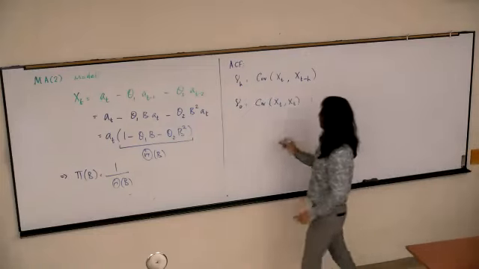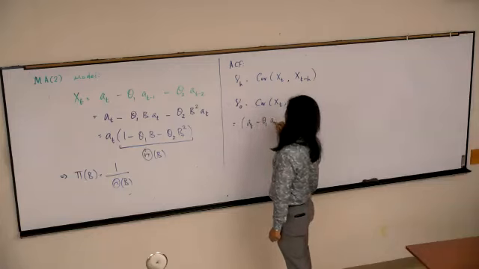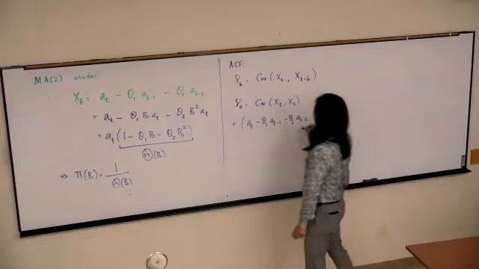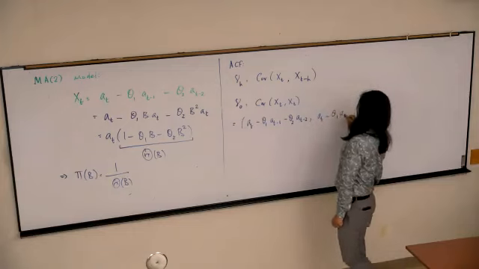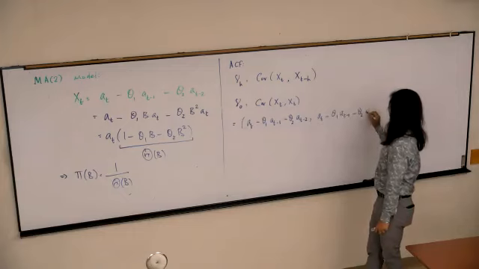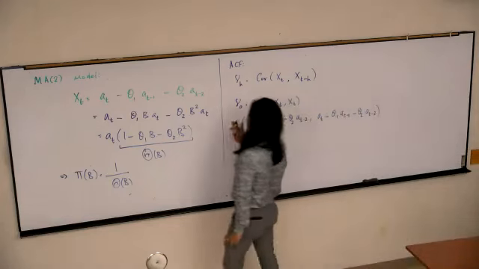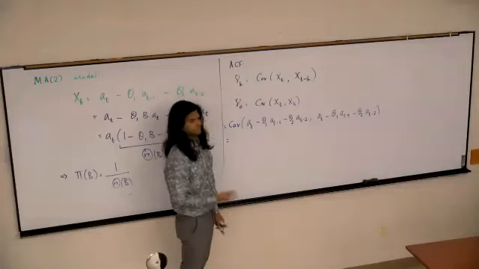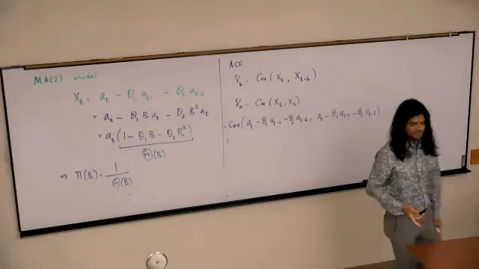And if I rewrite, I'll simply have a sub t minus theta 1 a sub t minus 1 minus theta 2 a sub t minus 2, comma, a sub t minus theta 1 a sub t minus 1 minus theta 2 a sub t minus 2. Covariance of x sub t, comma, x sub t is nothing but the variance.